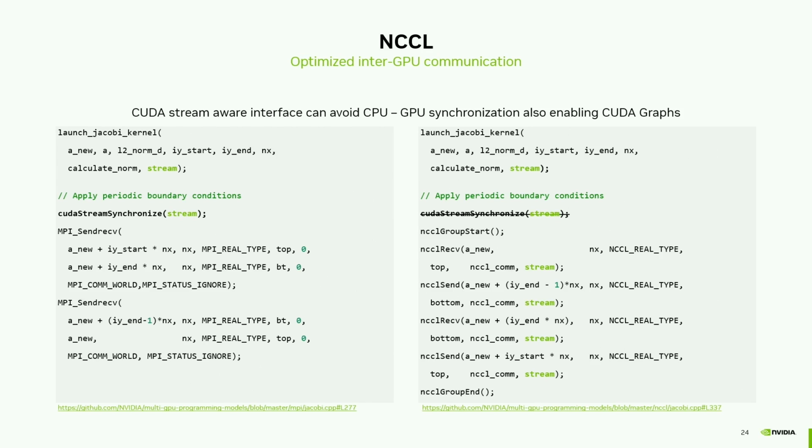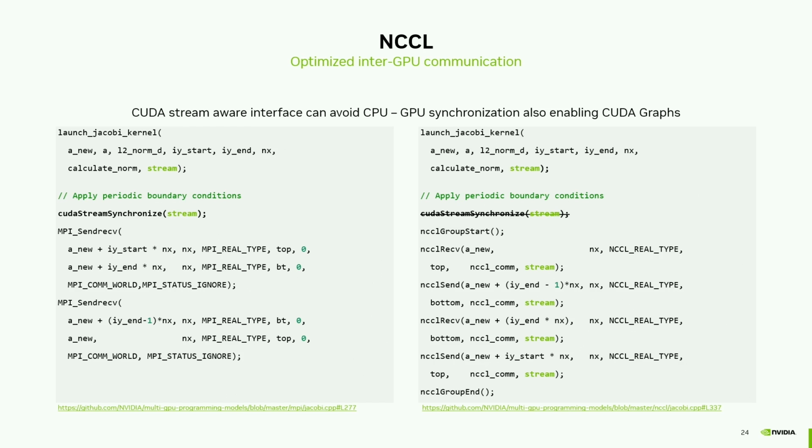I wanted to demonstrate that with source code. I will have a larger link on the last slide, just in case you look at the slides, that's on the bottom. It's a bit simplified version of an example code available on GitHub. On the left, you have the MPI version, where you see that you need to synchronize the compute kernel before you can start issuing the communication for the data that compute kernel has produced.